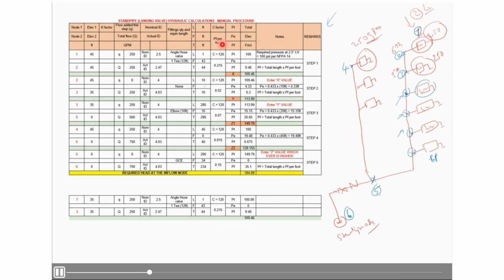C factor and pressure per foot. PT will be the total pressure, PE will be the elevation pressure, PF will be the friction pressure. Here I mentioned some notes and remarks.